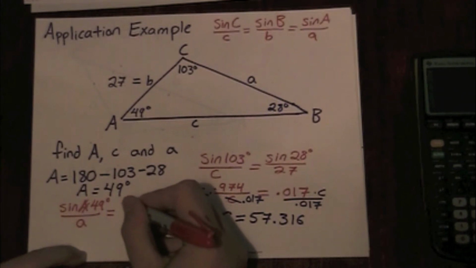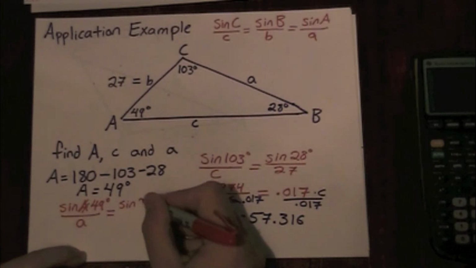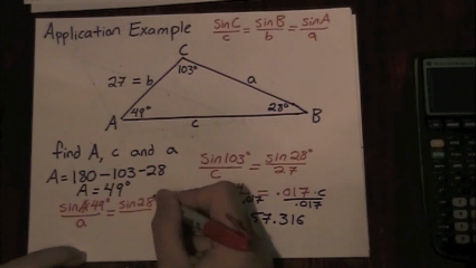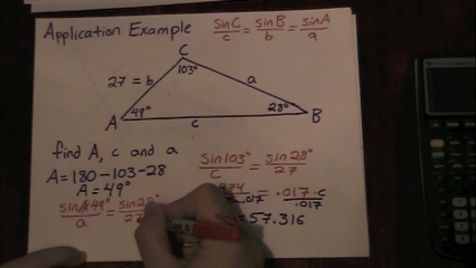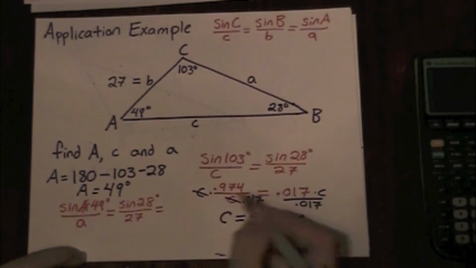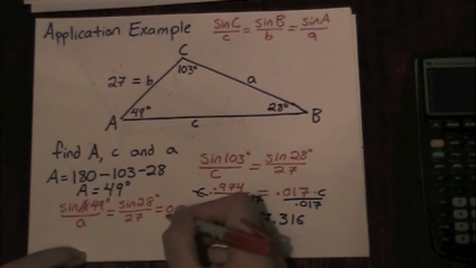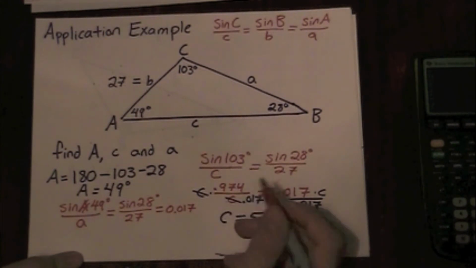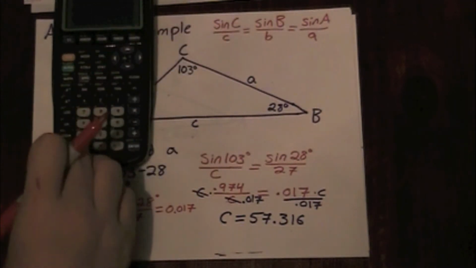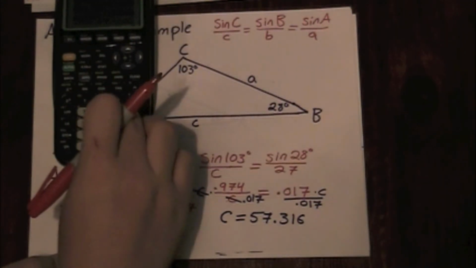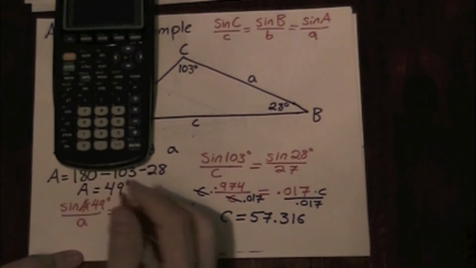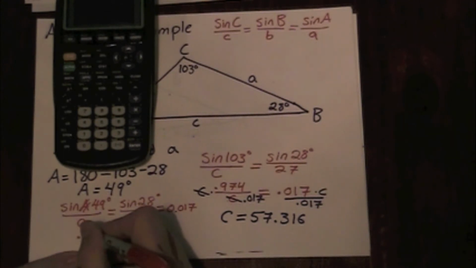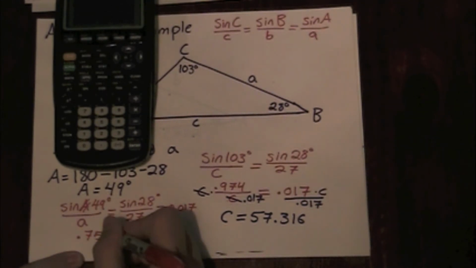So that's going to be sine of 28 divided by 27. And we figured out that was 0.017. Using the calculator, sine of 49 degrees is 0.755.